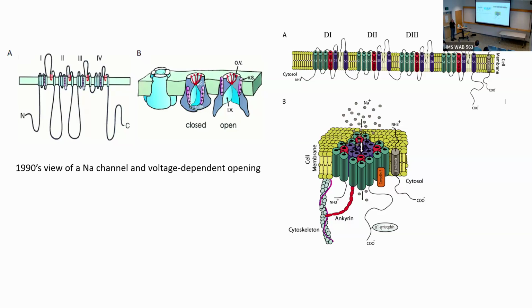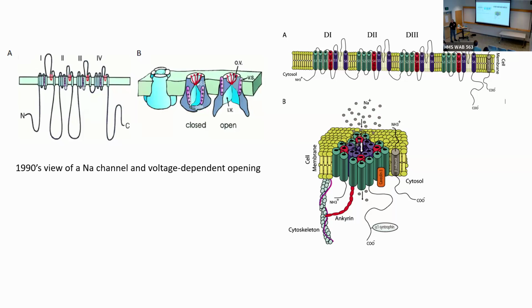Here's, for example, the voltage-dependent sodium channel. People realized that there was this special transmembrane region. So the voltage-dependent sodium channel is basically 4 pseudo subunits in a single protein. Each pseudo subunit is kind of like the others. And there's this transmembrane region 4 that has lysines and arginines alternating every third residue.